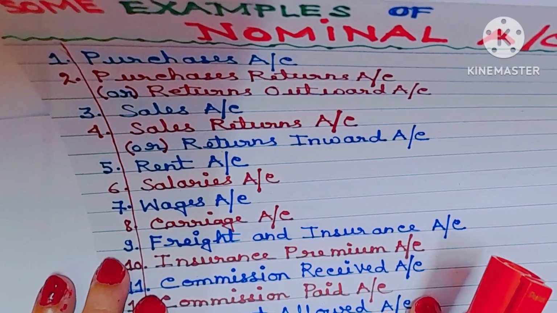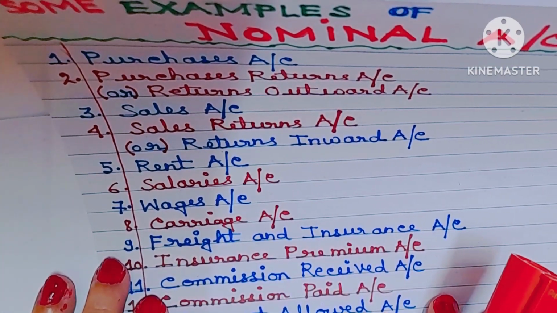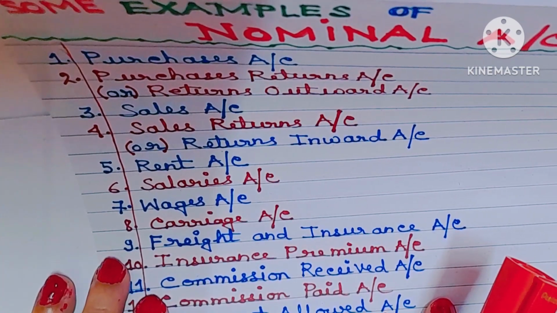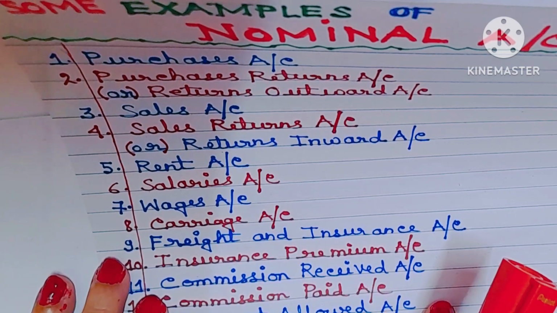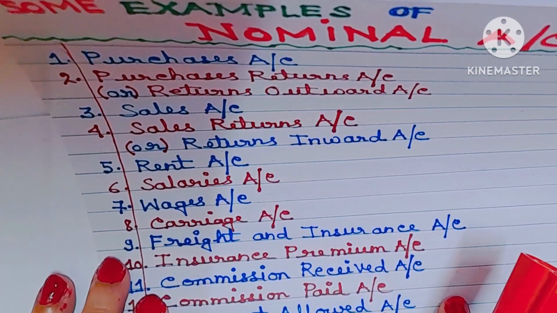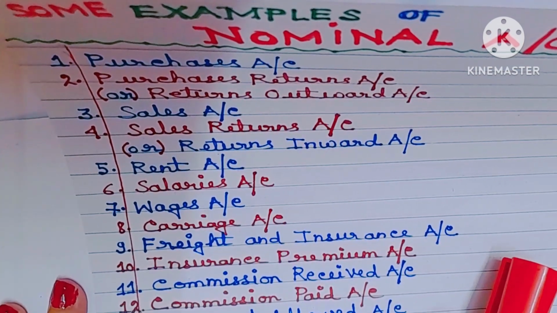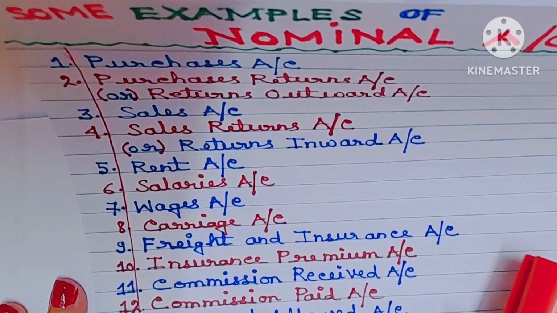But if the same businessman purchases some furniture for the benefit of customers, then the furniture so purchased will not be termed as purchases account, but will be an asset to the business. And in this case, furniture account will be debited instead of purchases account. Why? Because the businessman is not dealing in furniture and the furniture is not meant for resale. Rather, the furniture is an asset to the business.